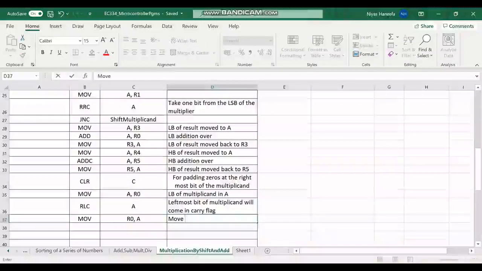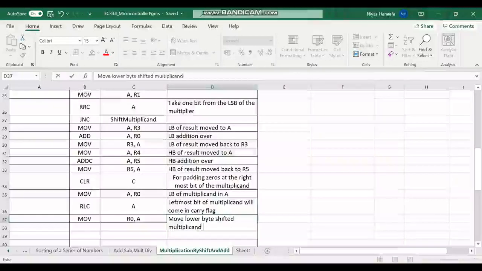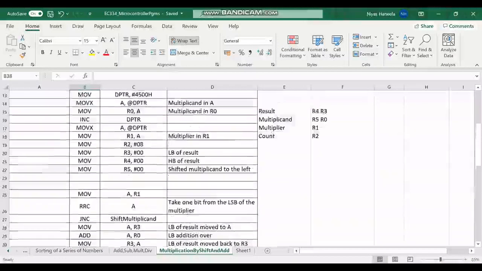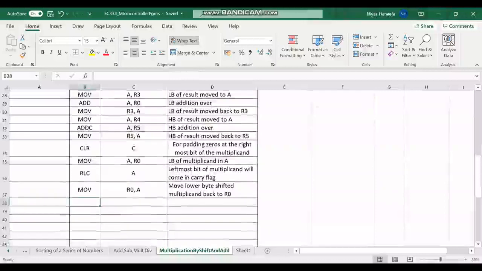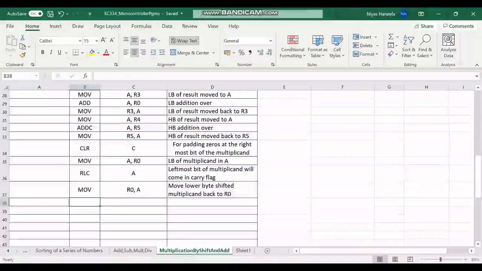The lower byte of the shifted multiplicand is moved back to R0, which is our multiplicand, the lower byte. Then R5 has to be populated with the leftmost bit from R0. That leftmost bit we already have in carry.